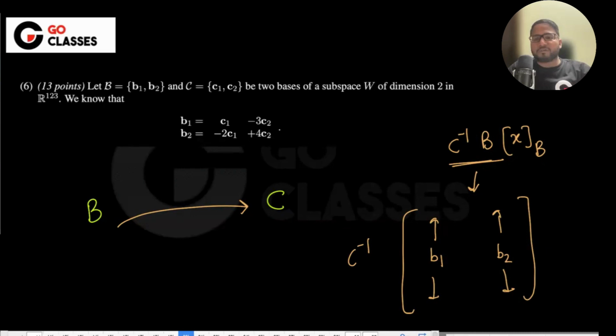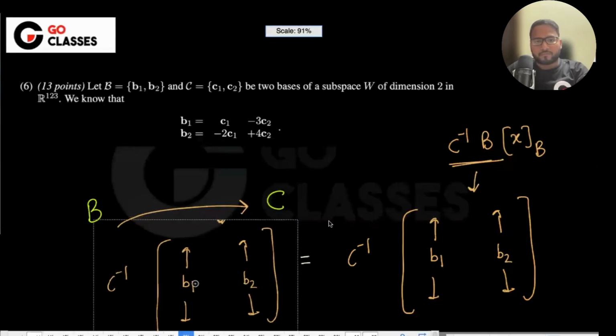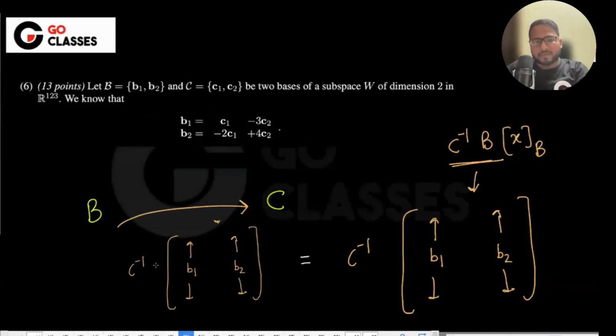Now, if you multiply with C inverse, isn't it the same as saying that you're changing the basis to C? Let me know, right? Both are the same. So now can you tell me what the representation of B1 with respect to C will be?